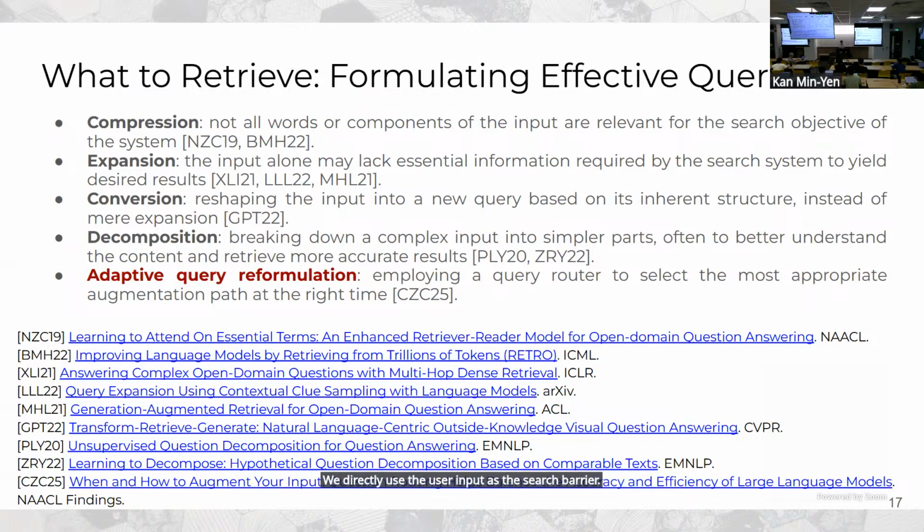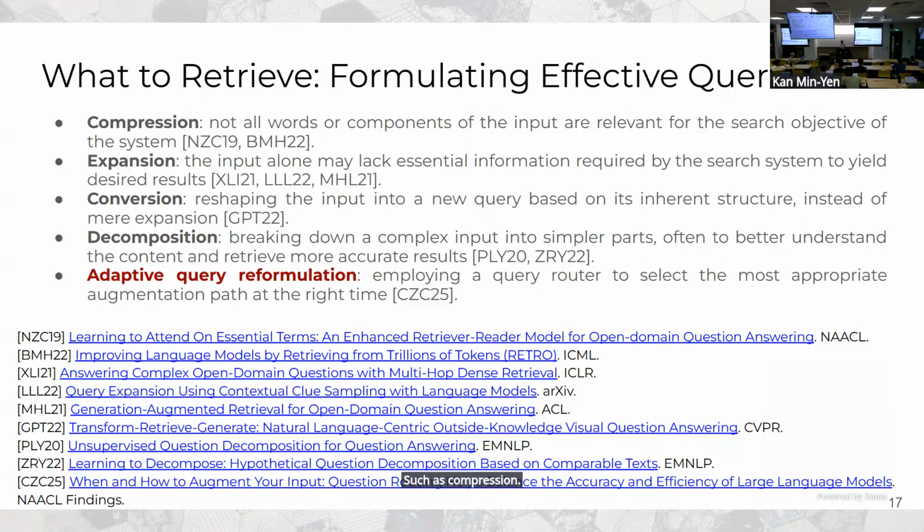But in some cases, it does not work, because sometimes the input user query might be ambiguous or quite long, so we have to solve it. To cope with these issues, there are a number of strategies, such as compression.